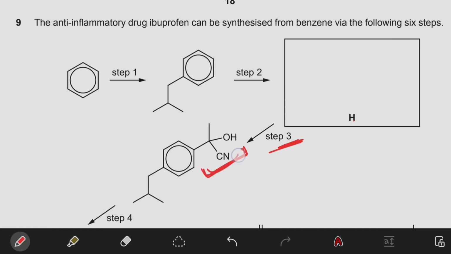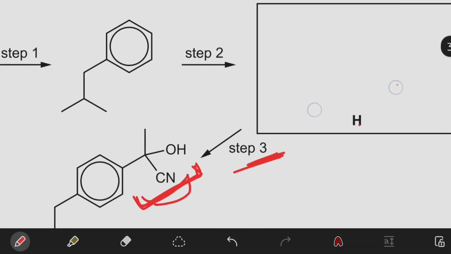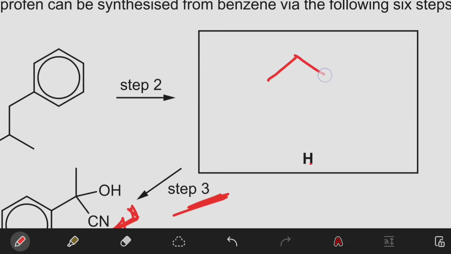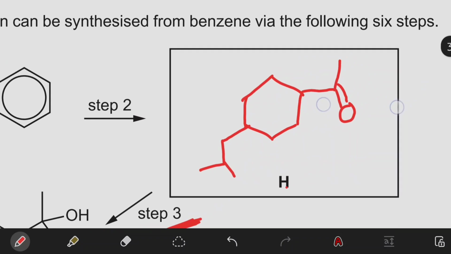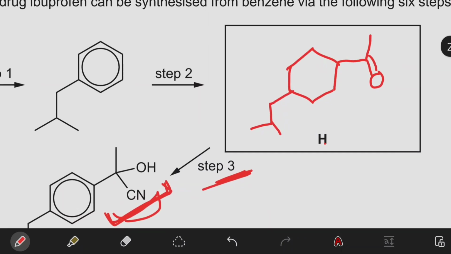So that is exactly what is seen here. If these two bonds are broken, with this one bond broken, then CN attaches and H attaches to O, so that would make hydroxyl.